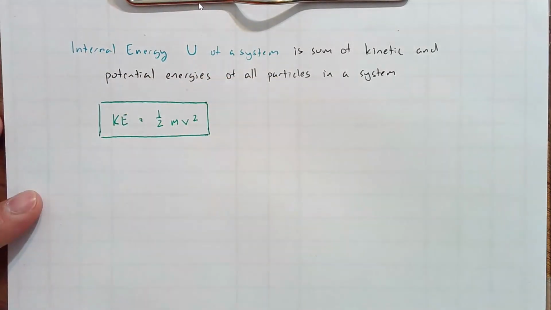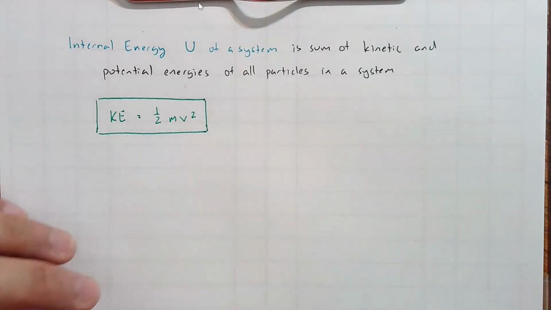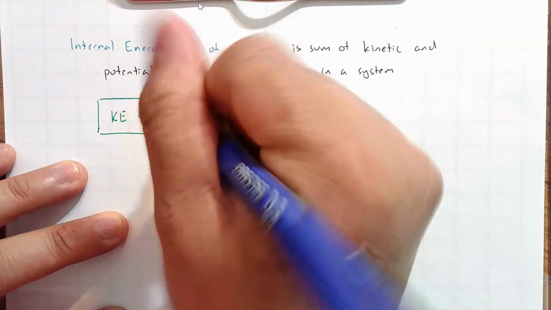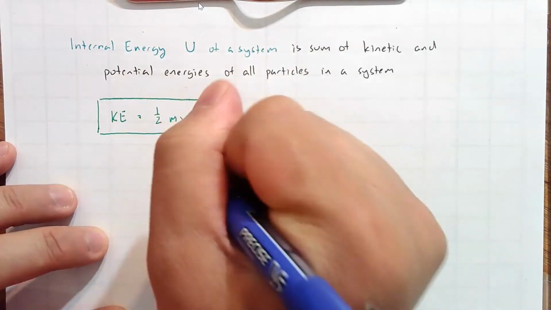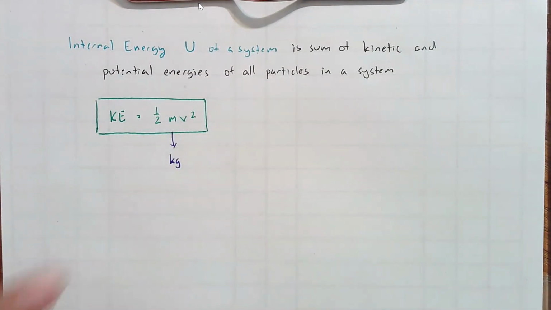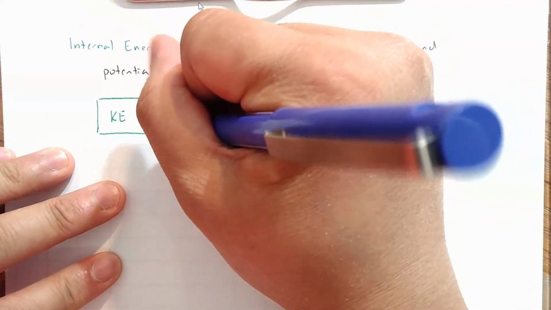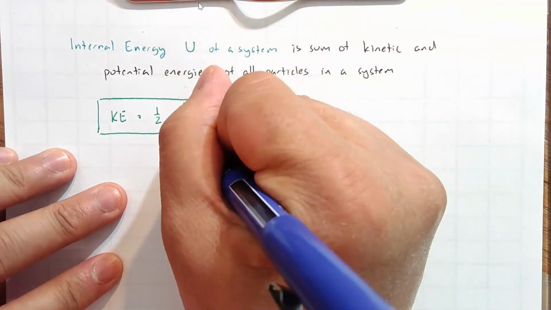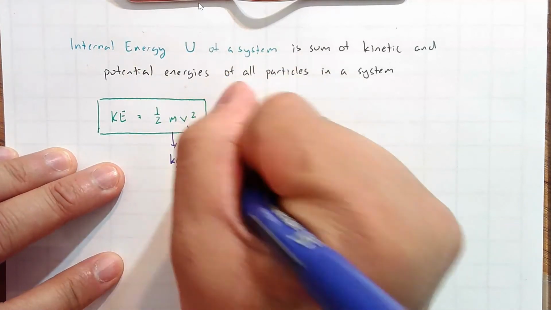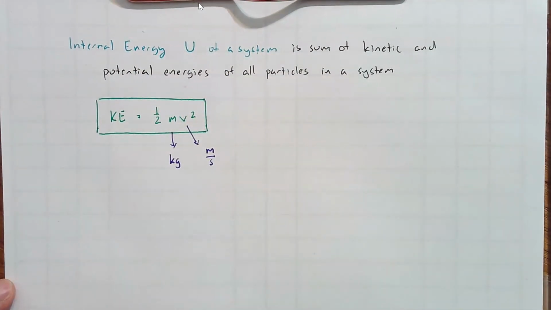Because kinetic energy is energy, and it has to have an associated unit, and we're going to try to figure that out. So mass is in kilograms. Okay. Sometimes it's in grams in other equations, but in this equation it's in kilograms. Velocity is meters per second, and we are squaring only the velocity, not the mass.